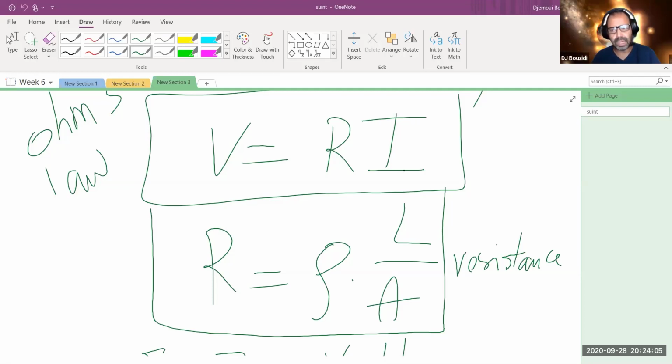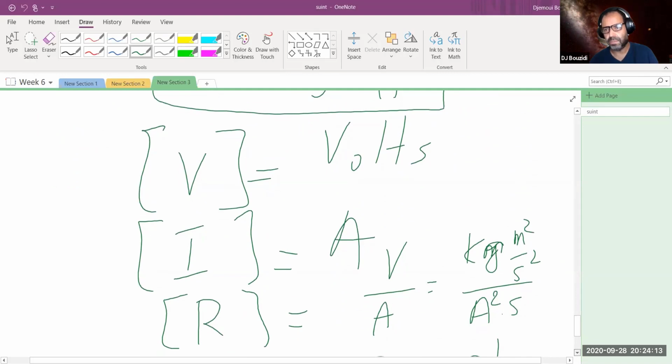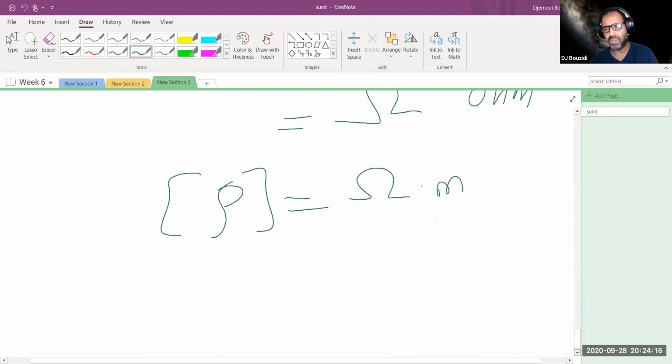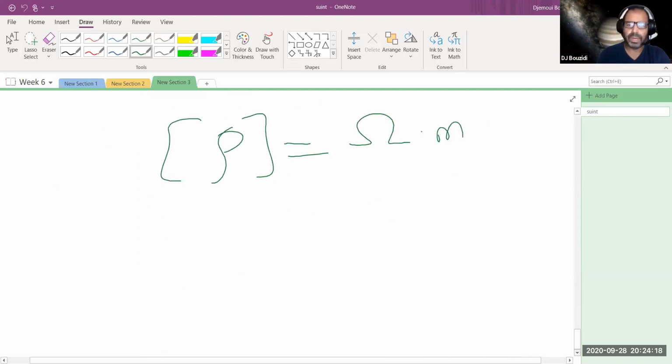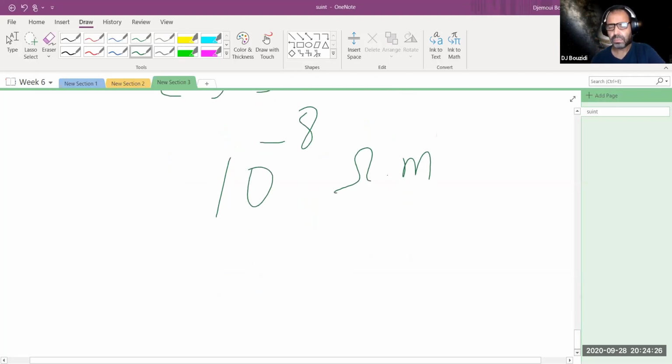And rho is still a characteristic of the material. Now, it turns out a good conductor will have its rho very low, of the order, as a matter of fact, of 10 to the negative 8 ohm meter. A poor conductor or an insulator will have a value of 10 to the power 14 and even higher.